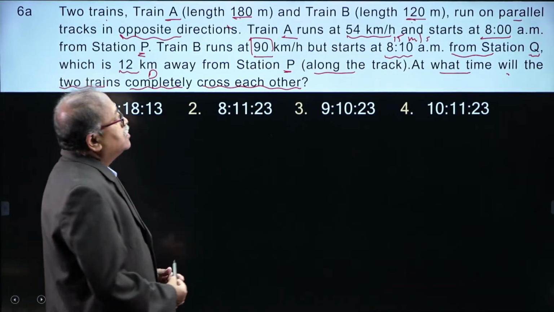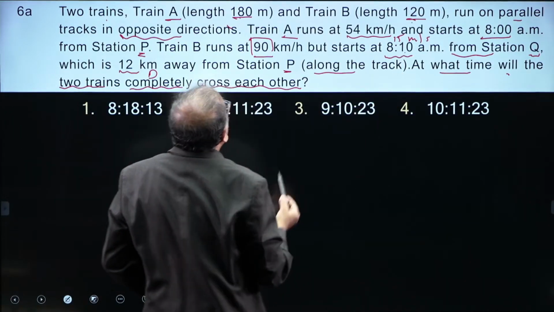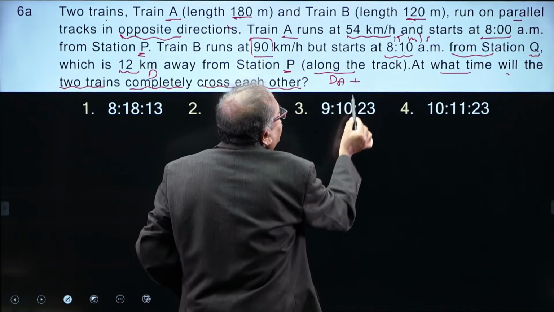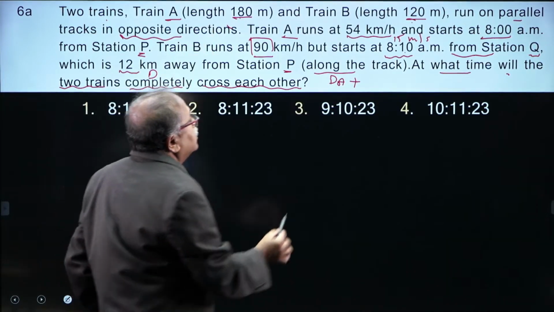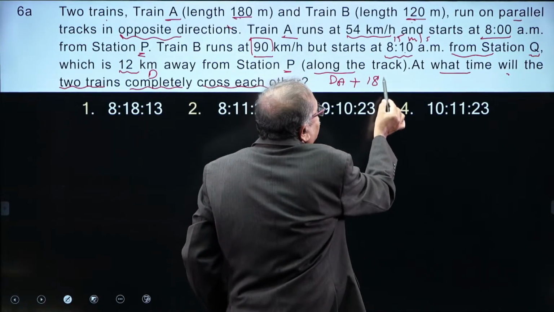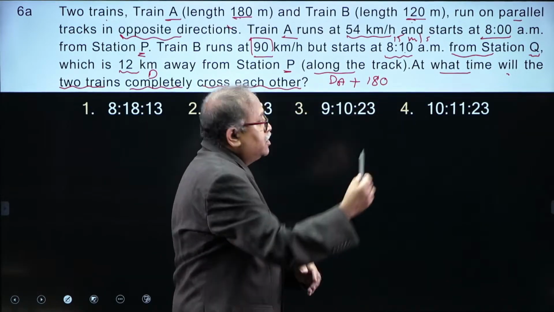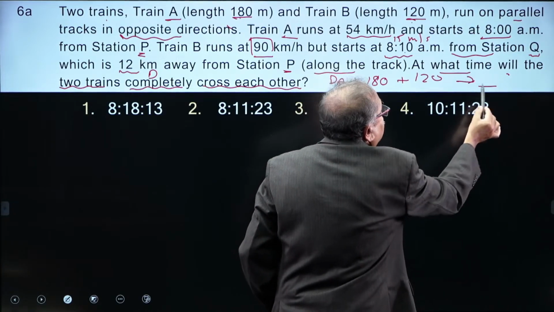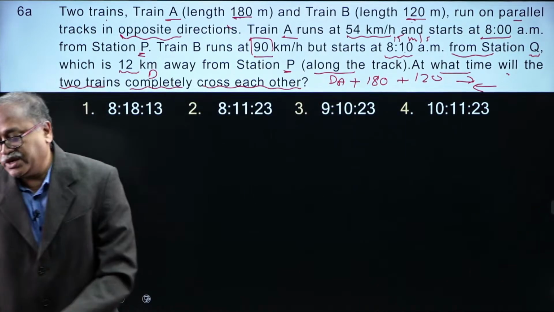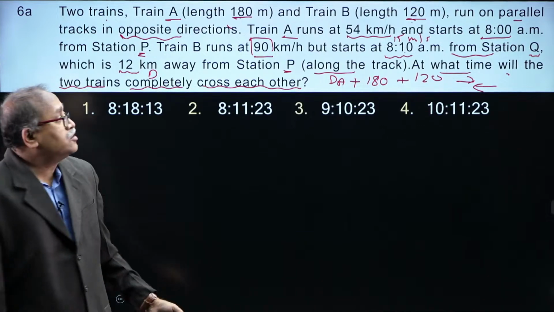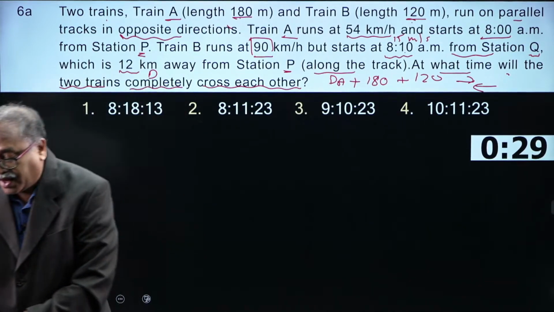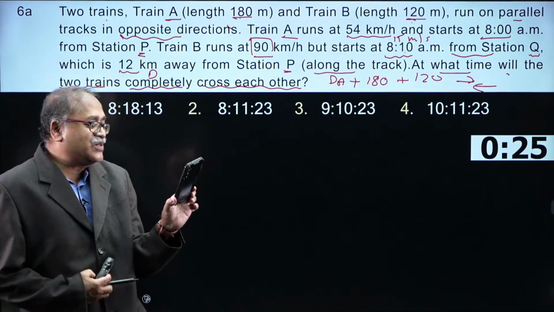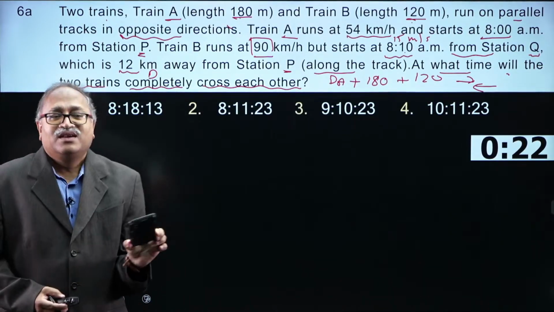So, here is the distance travelled in 10 minutes by train A, plus the length of train A, because they have to cross each other, and the length of B. Yes, my dear friend, here your 30 seconds starts and, oh my god, what a speed: 8:11:23. Look at this one.